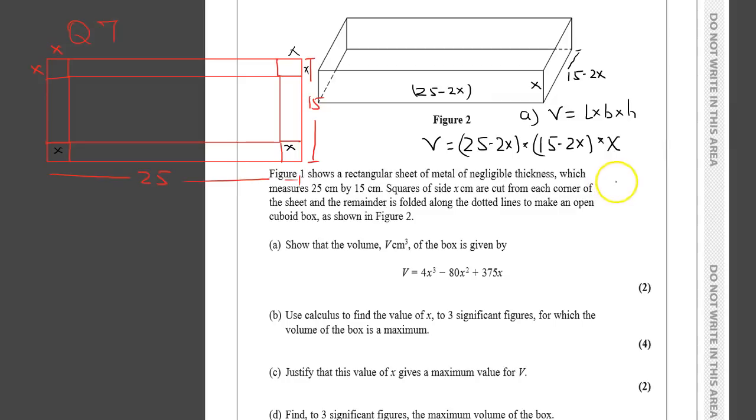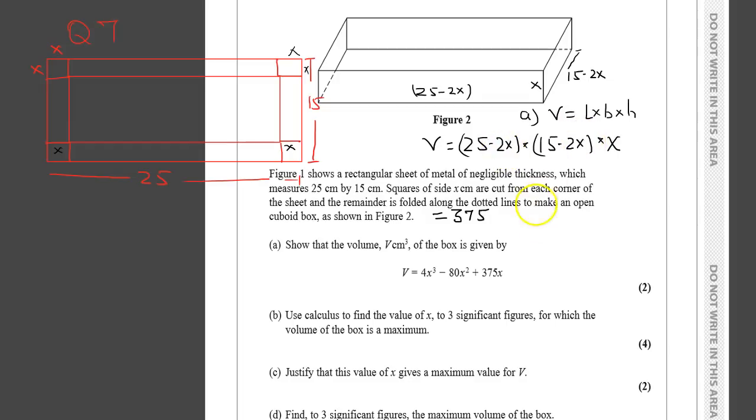So if we multiply this, we are going to get 25 multiplied by 15, that is 375.